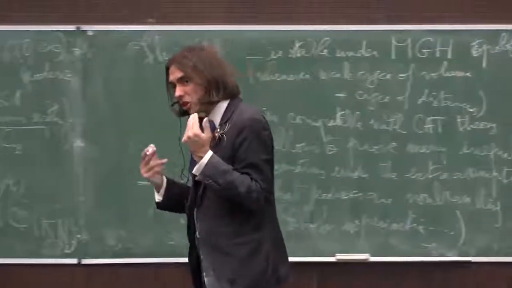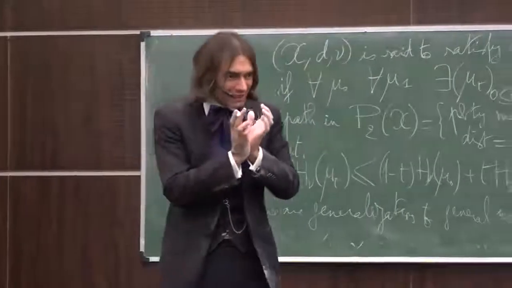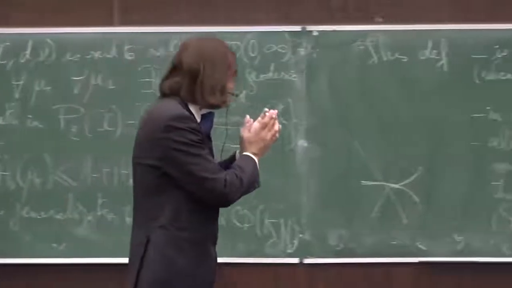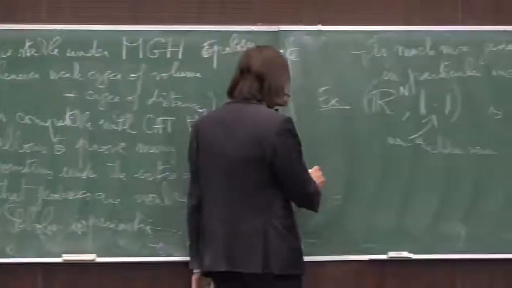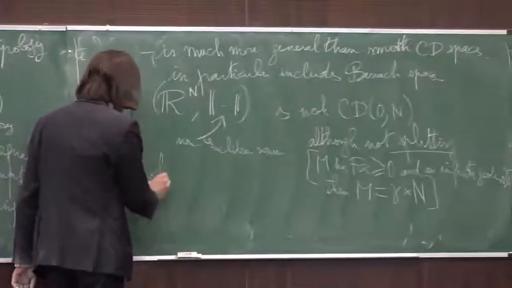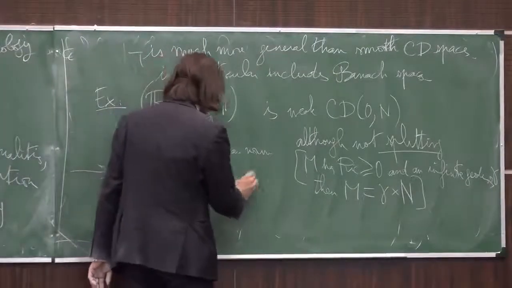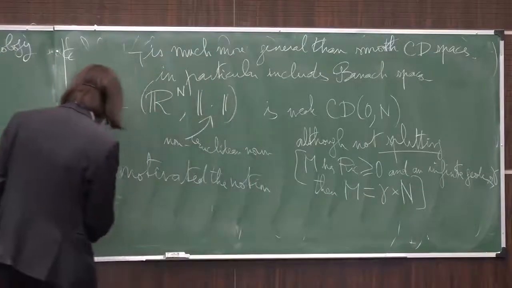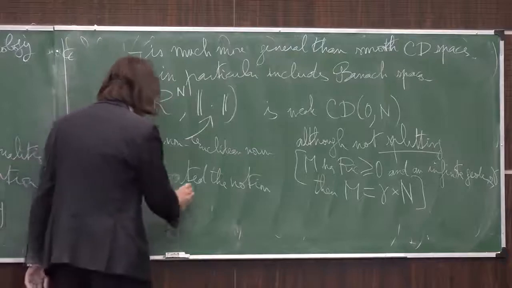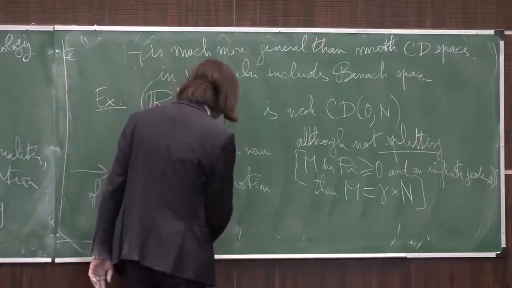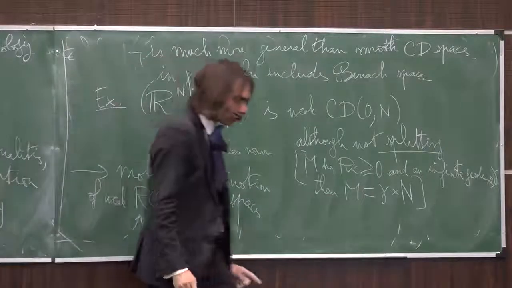So this suggested that there was room for a slightly more restricted notion of generalized curvature. So this motivated the notion of weak RCD K,N spaces, with a slight reinforcement.